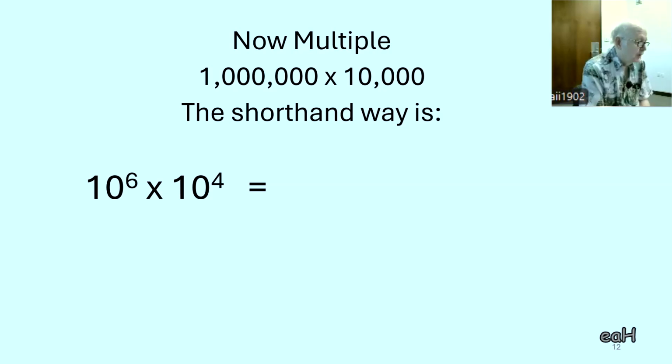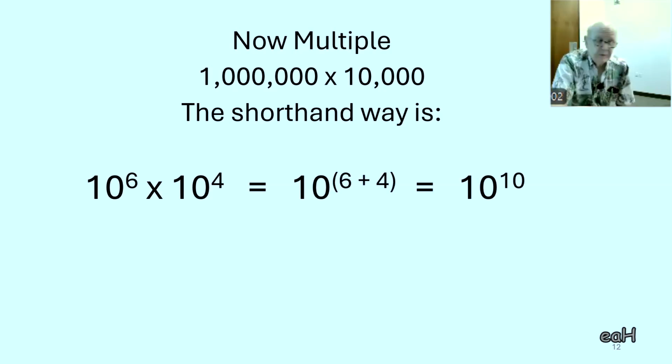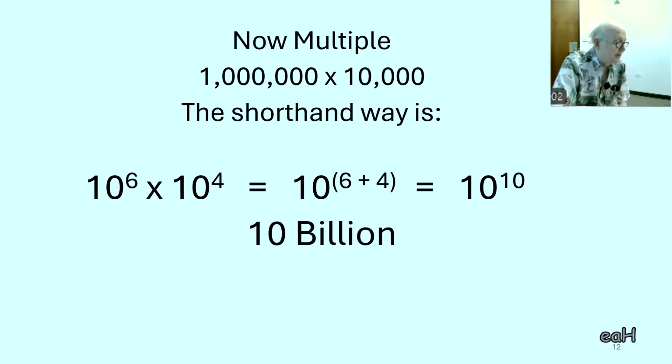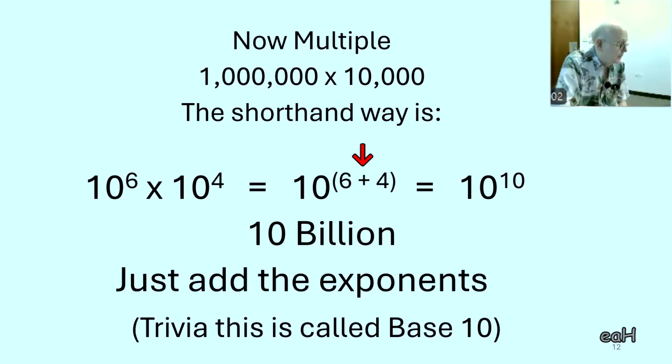But there's a shorthand way to do it, and that is adding: 10 to the 6th times 10 to the 4th, we get 10 to the 6 plus 4, and of course you get 10 to the 10th or 10 billion. So just add the exponents. This is called base 10, but we really don't care about that. Add 6 and 4, and you get 10.